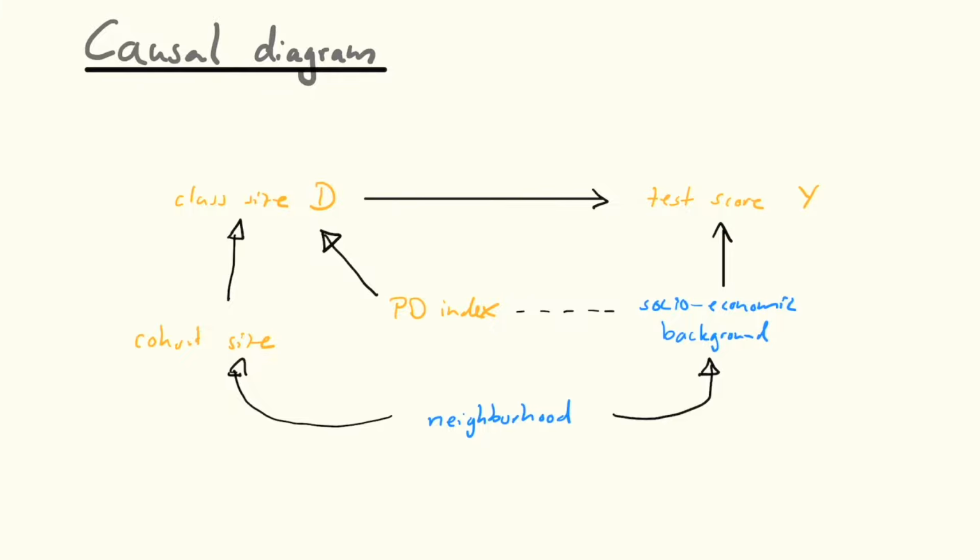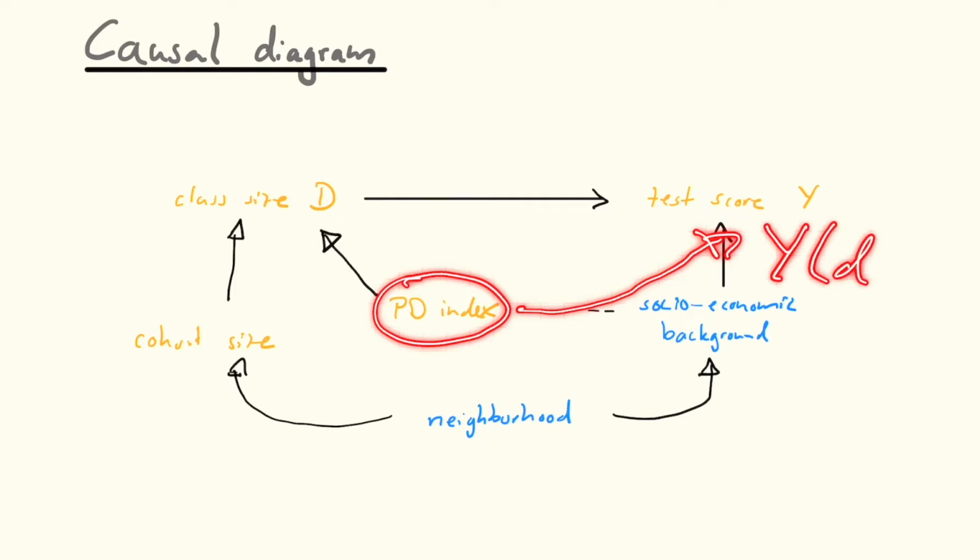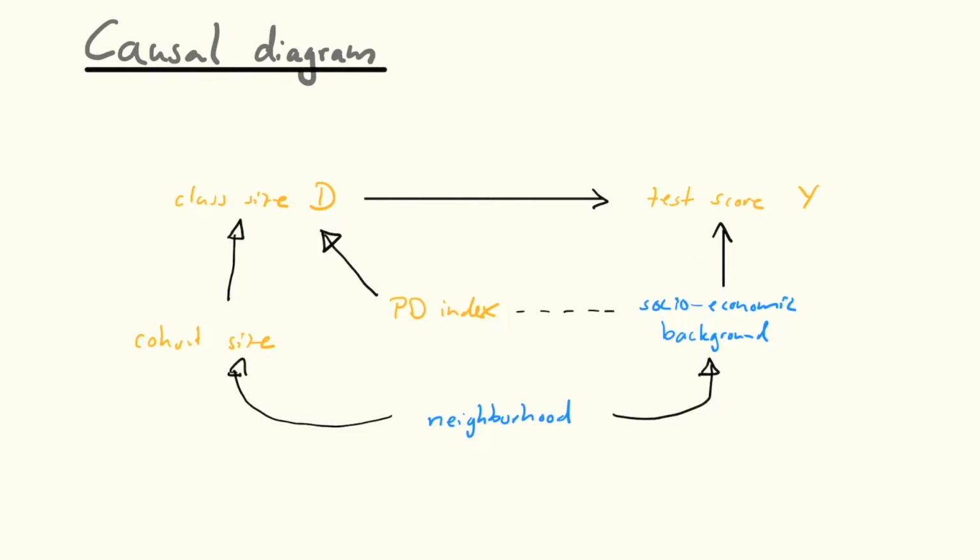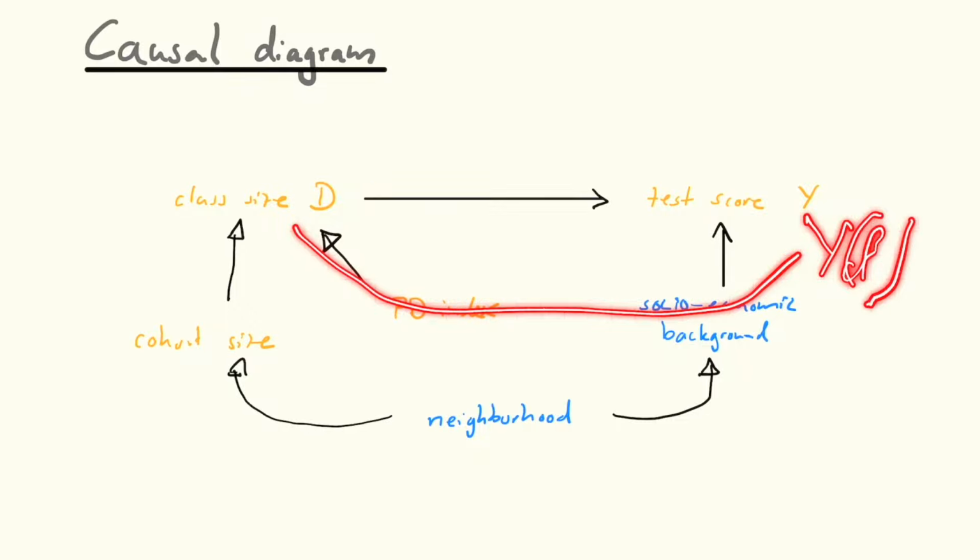Assume that smaller classes tend to face a different PD index than larger classes. We've already discussed that the PD index has a connection to the kind of potential outcome function that we're assuming. This creates a systematic relationship between the class size that we are seeing and the kind of potential outcome function that we should be expecting.